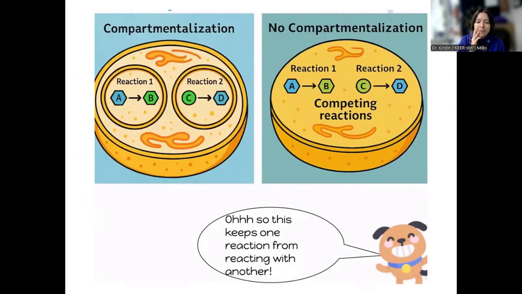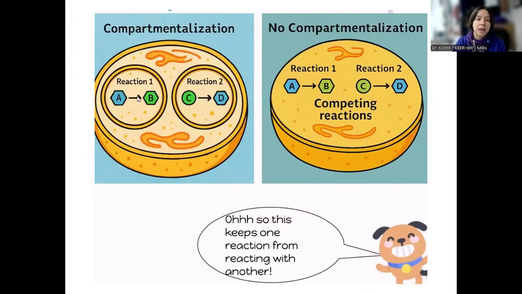So a note about compartmentalization, this made by my very dear friend, Lee Ferguson. The thing about compartmentalization is that you can use cell membranes not just for the overall plasma membrane of the cell, but you also can use them so that you can do specific chemistry that otherwise would be competing in the cytoplasm.